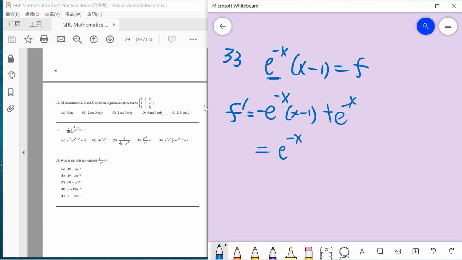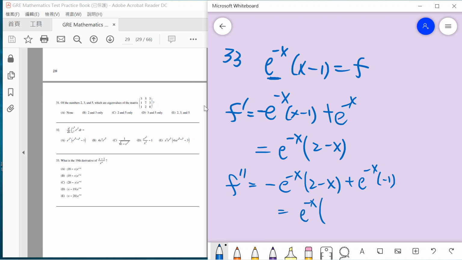Get. Okay, and then we do the second time. So we have minus 2 plus x minus 1 over x minus 3.